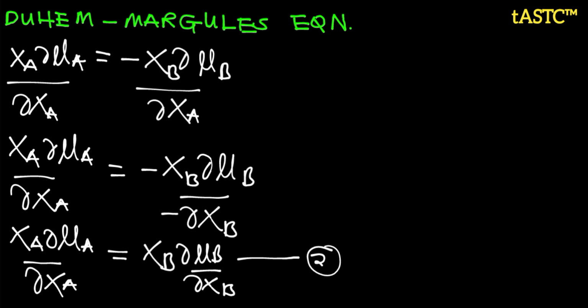Now from here, we need to move to the chemical potential of a component within an ideal solution. Now this is the formula for a chemical potential. You have it as mu, and that is equal to mu naught plus RT ln P. Now this P actually stands for the vapor pressure.